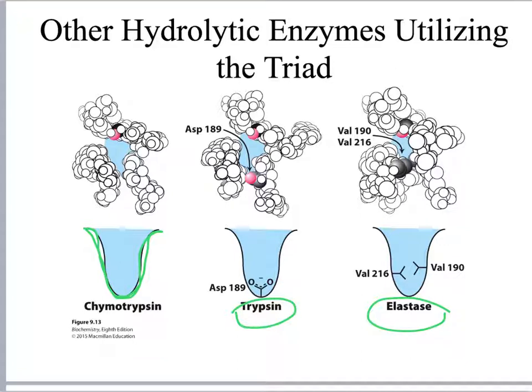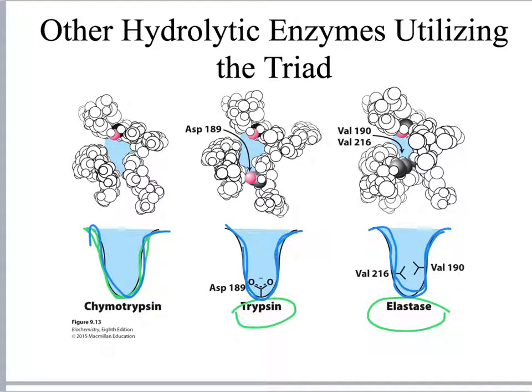The shape of what we're looking at here, where different residues can get down in, allows for the specificity. That group of three residues allows for catalysis to occur. Trypsin and elastase cleave other amino acids because they have variations in the pocket. So remember, the pocket gives specificity.